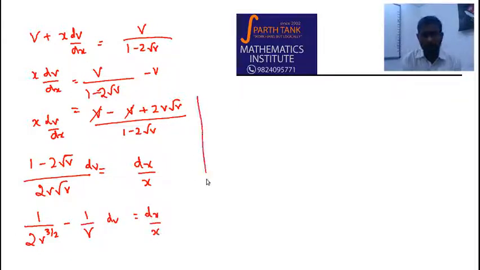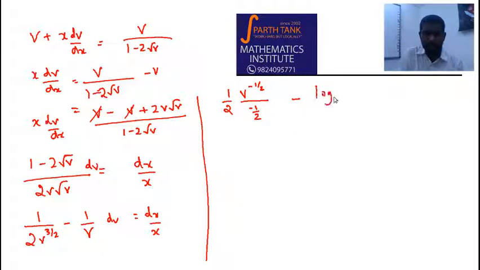Integrate on both sides. I get first this 1 by 2, v power 3 by 2, on integration becomes v power minus 1 by 2 by minus 1 by 2, right? And then minus 1 by v is minus log v is log x plus c, let us say. So what happens here?